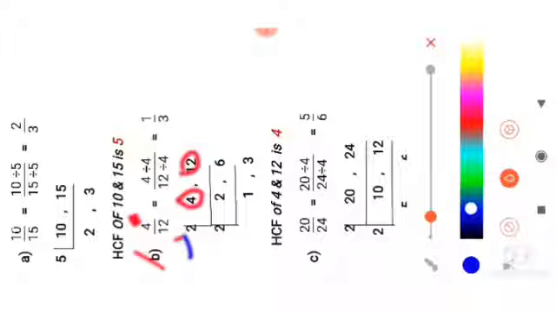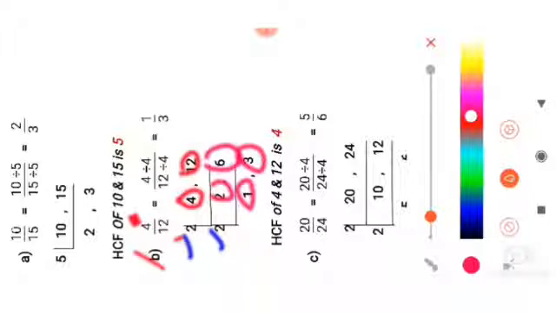Now 4 divided by 2 is 2. 12 divided by 2 is 6. Okay. Next, 2 and 6. What is the common factor of 2 and 6? It is again 2. So if you divide 2 by 2, it is 1, and 6 divided by 2 is 3.